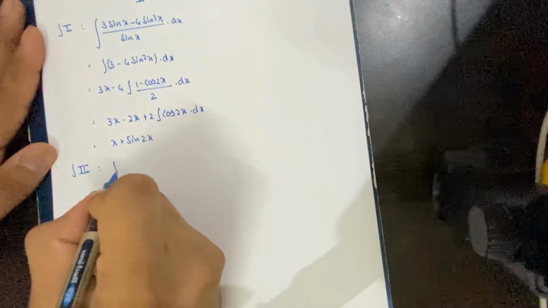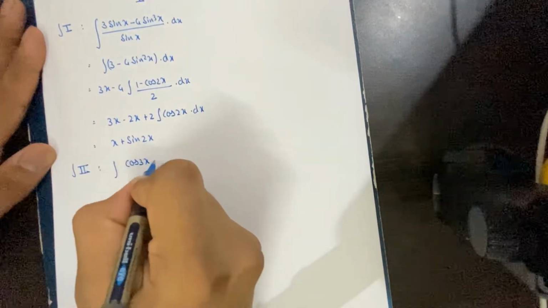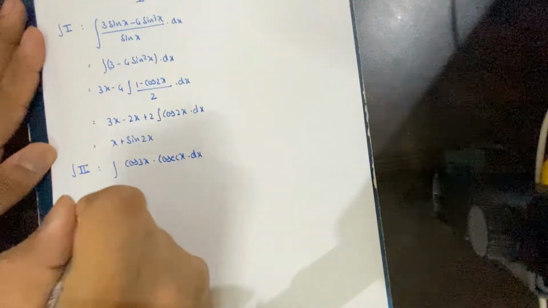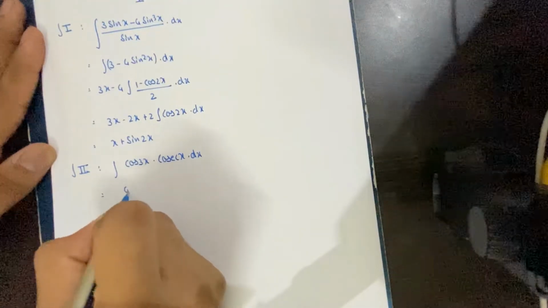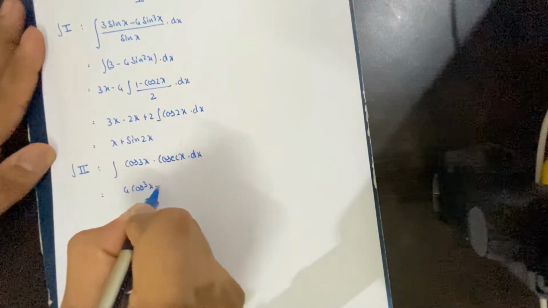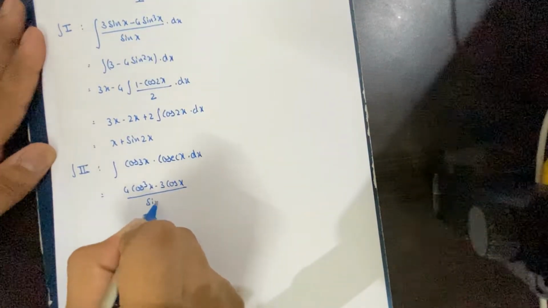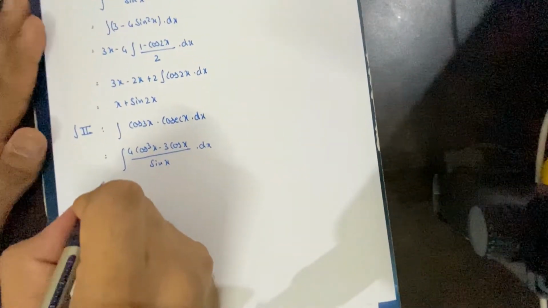Then the integral of the second part, cos 3x times cosecant x dx. cos 3x is 4 cos cube x minus 3 cos x by sin x dx.